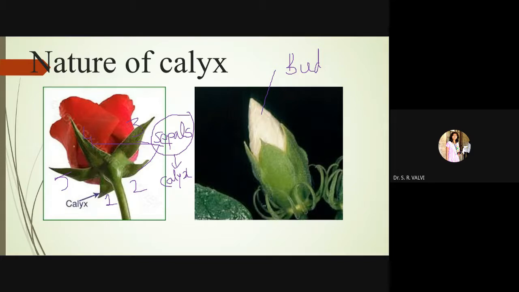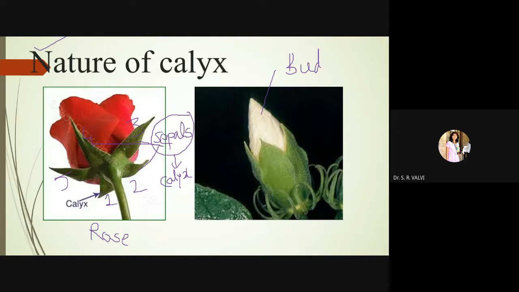This is the function, but what is the main nature of the calyx? In case of rose, this is the flower of rose. Here in this rose, what are you observing in the calyx? You can see all these sepals are free from one another. None of the sepals are fused.